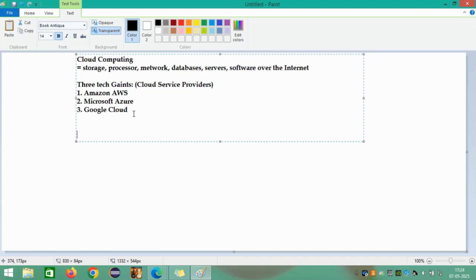So say for an example, let's talk about a real-time scenario where I have my local machine, and my local machine has 1 TB of HDD, 4 GB of RAM, an i7 Intel Core processor, and NVIDIA GeForce. See, these are my configurations.